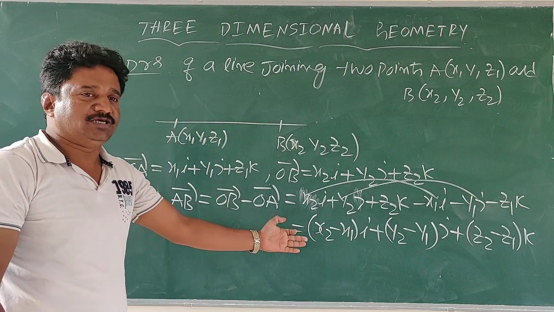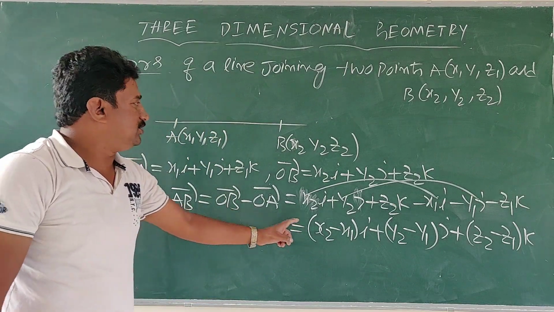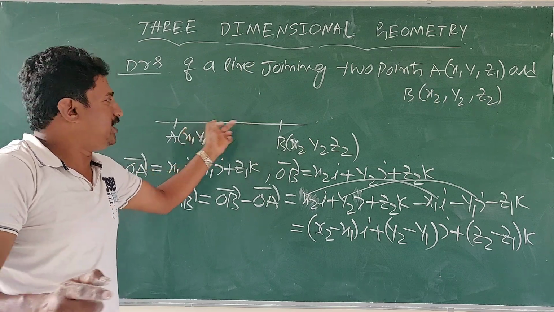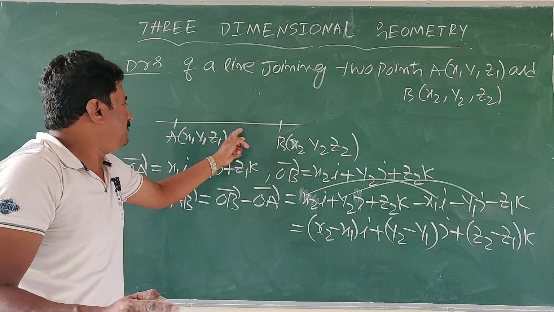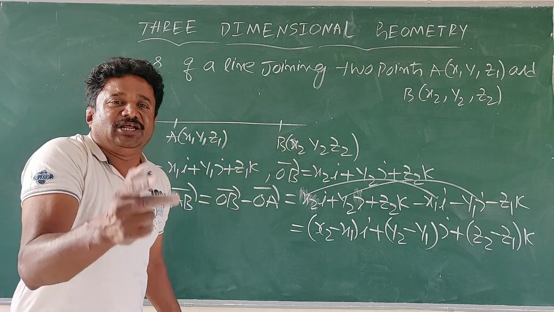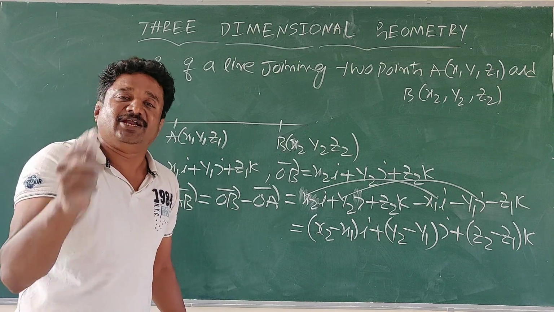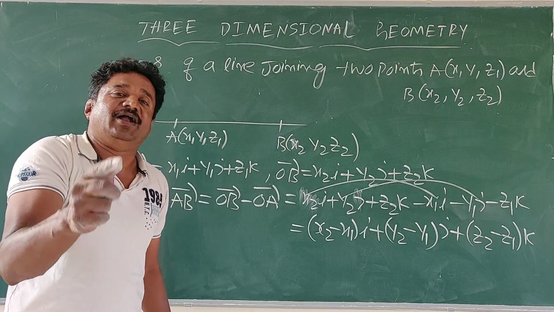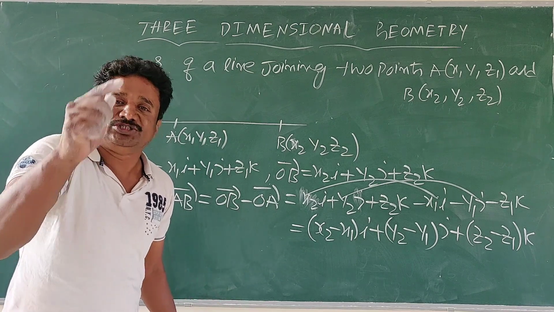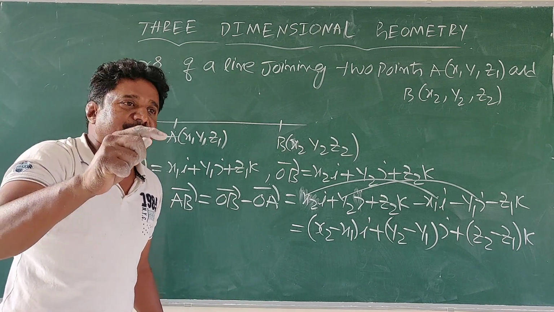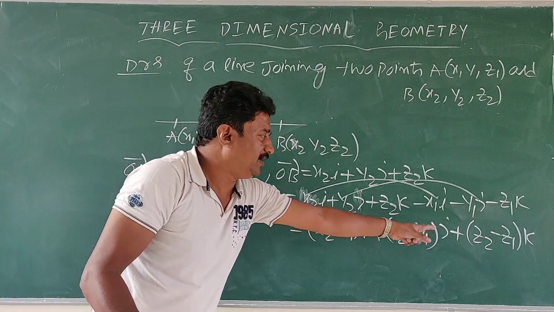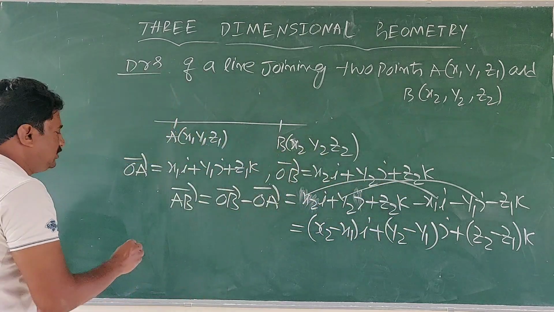So look at this, students. Tell me the DRs of vector AB. Vector AB and line AB are the same. Tell me the direction ratios of line AB or vector AB. DRs means scalar components. I told this word so many times. So direction ratios means scalar components. Now tell me the DRs of the line AB: x2 minus x1, y2 minus y1, z2 minus z1.